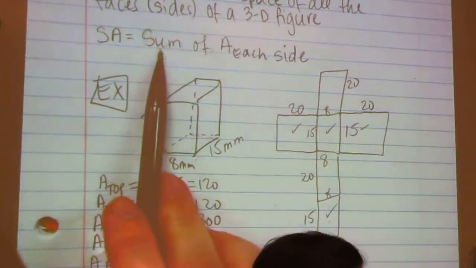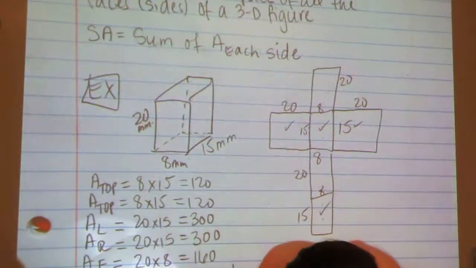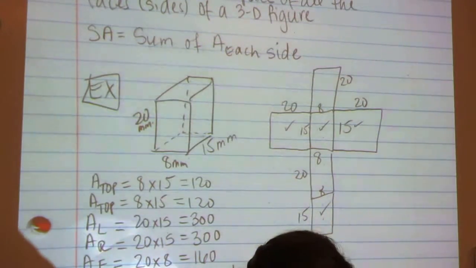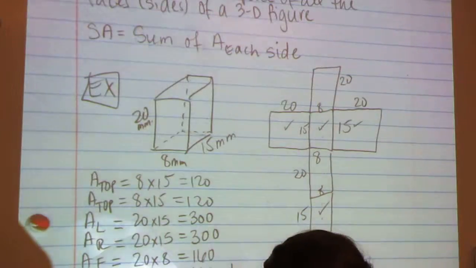Then I know that I want the sum of the area of each side. So I add these, and I get 1,160 square millimeters.